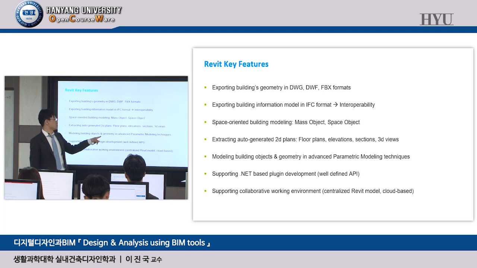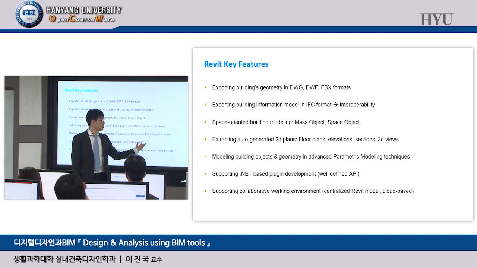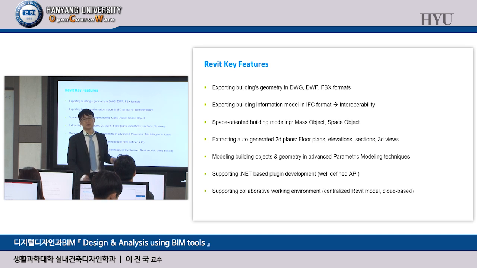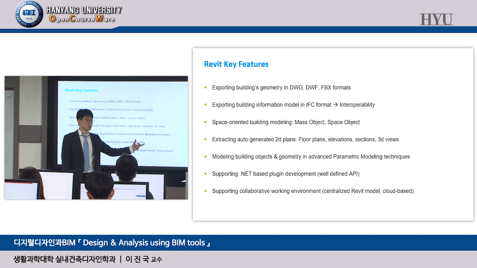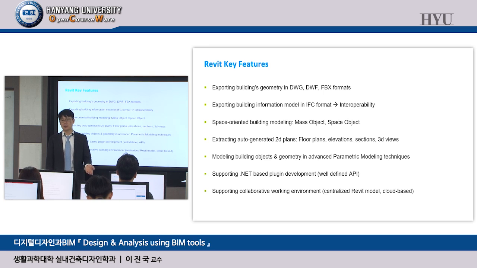Modeling building object geometry in advanced parametric modeling technique. Actually, the term parametric modeling, parametric design is even much broader than a simple description. But anyway, you now understand, when the parametric modeling approach is implemented in a computer application, how it looks based upon Revit, okay?